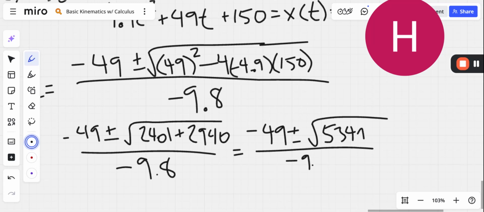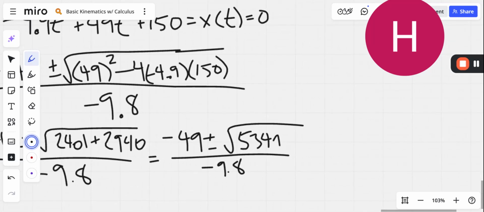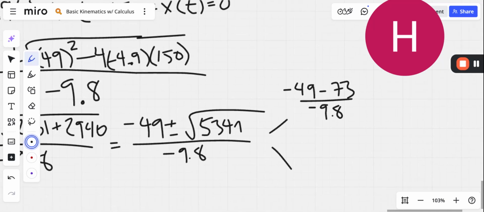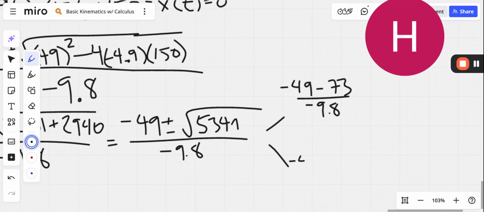Let's see, negative 9.8. So, do we want the plus or the minus? It's always a trick question there, isn't it? We want the minus. So I'm just going to call it 73. It's really close to 73. Over negative 9.8. We want the minus, because if we do the plus, we're going to get a positive on top divided by a negative. That is not valid.